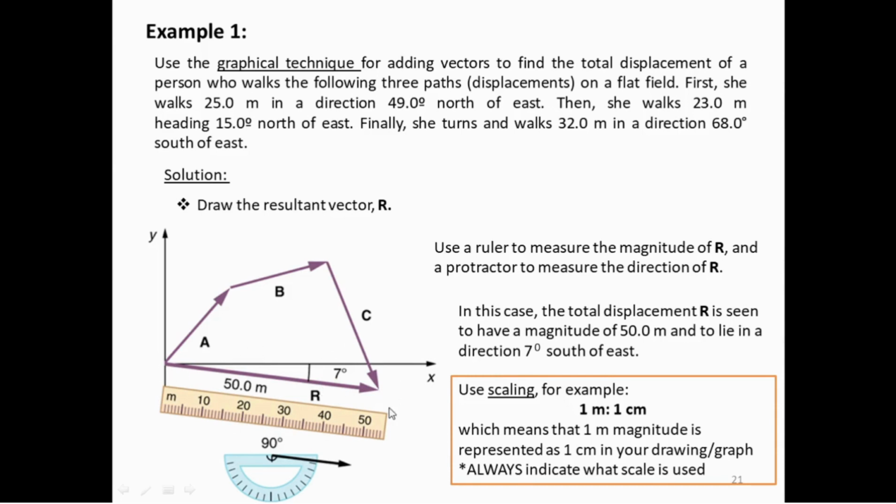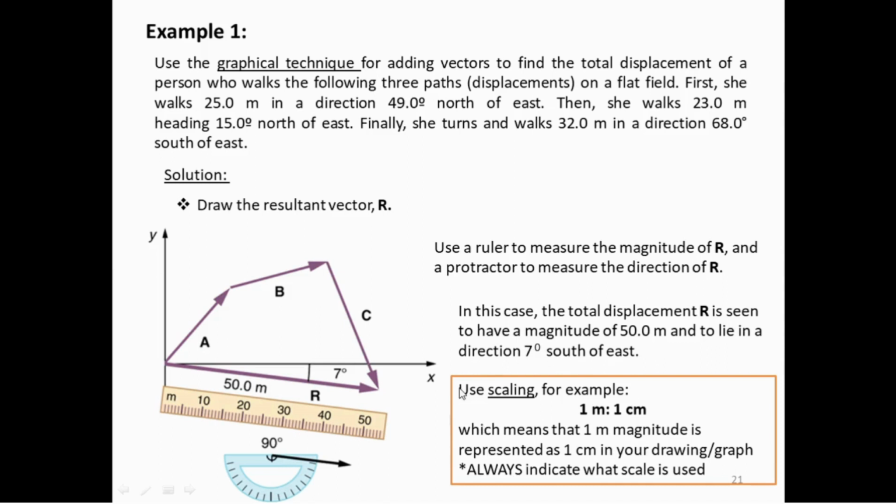So this should give you a resultant vector that has the magnitude of approximately 50 meters or 50 cm in your paper, because we represented 1 meter as 1 cm in the paper, and it should lie in a direction of 7 degrees south of east.